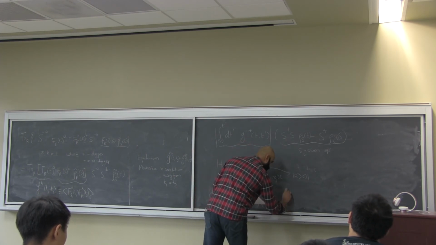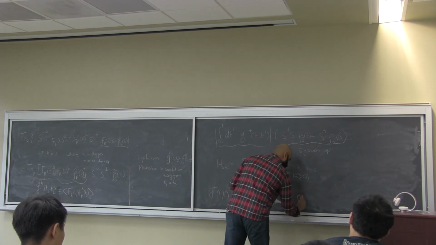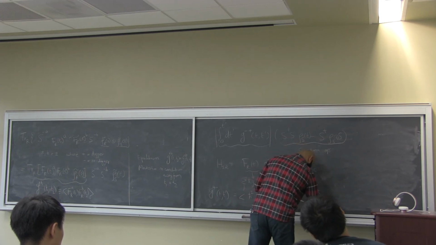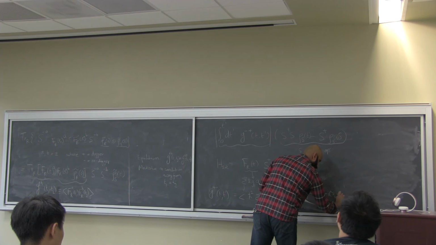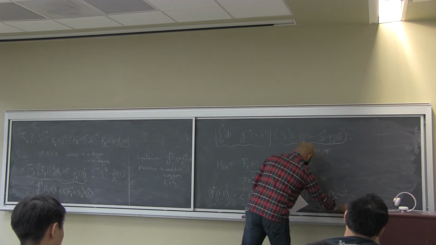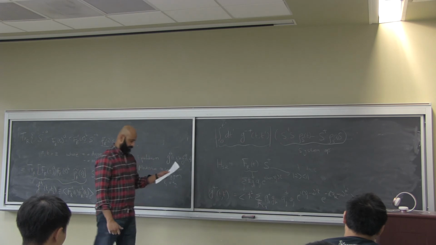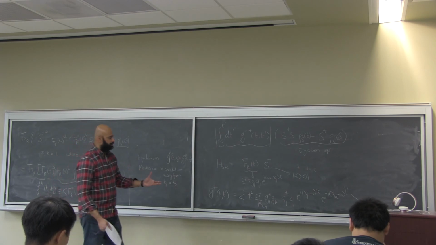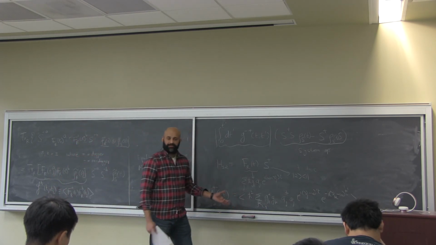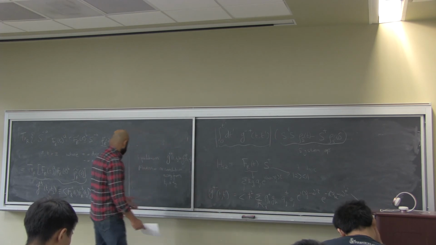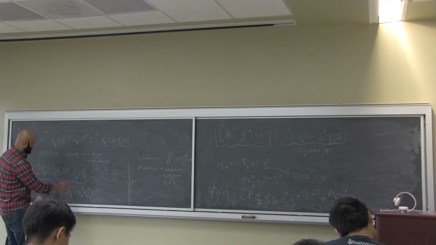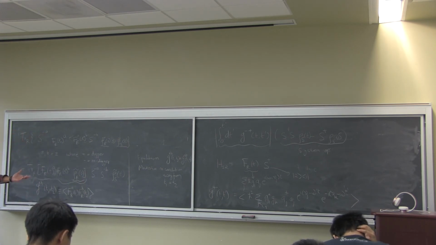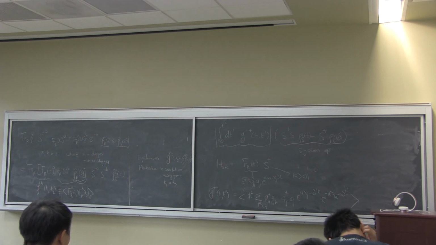We'll have a_j dagger a_k e to the i (mu_j minus omega) t and e to the minus i (mu_k minus omega) t prime, expectation value in the state of the environment. And this is where you can put in different assumptions about the environmental initial state. So this is the trace over the reservoir at time t equal to 0, because the reservoir does not change its state over time.